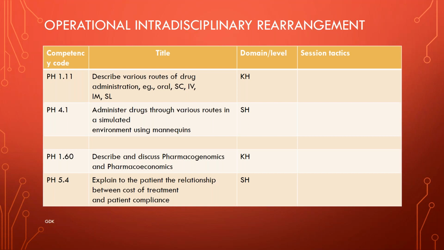Describe and discuss genomics and pharmacoeconomics. Now here pharmacoeconomics is in 1.6, and again there is some cost relationship with the drug treatment in PH 5.4. So for these two, sub-competencies can be developed and components, that is SLOs, can also be developed in common.